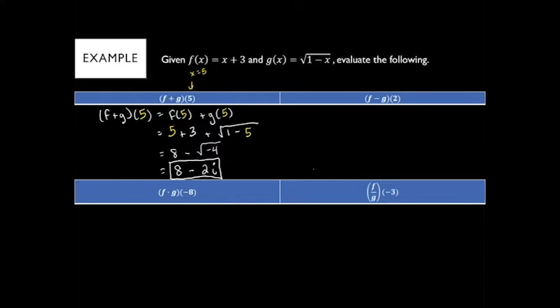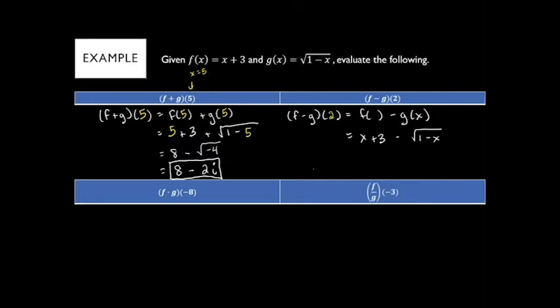So on the right, we have f minus g of 2. First I'll start with f minus g of x equals f of x minus g of x. And that's x plus 3 minus the square root of 1 minus x, and we already did this. That's why I'm reusing the same function. And now it's 2 in the parentheses instead.